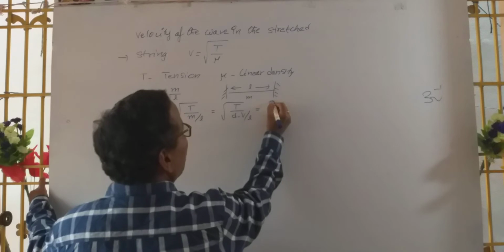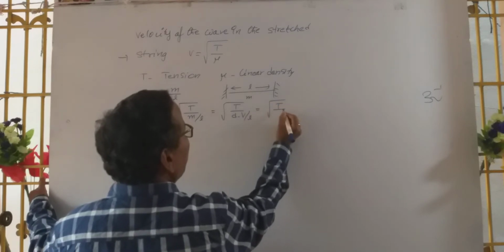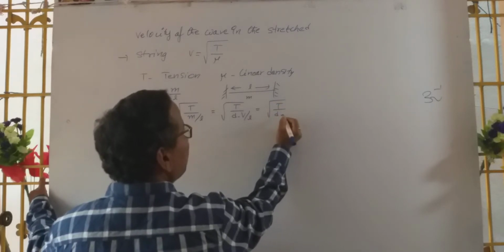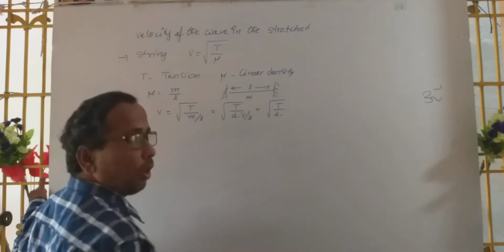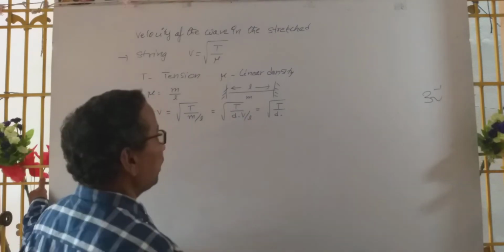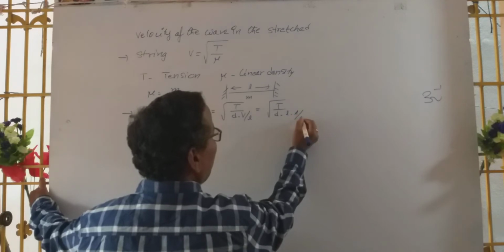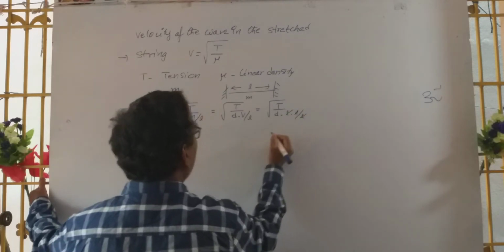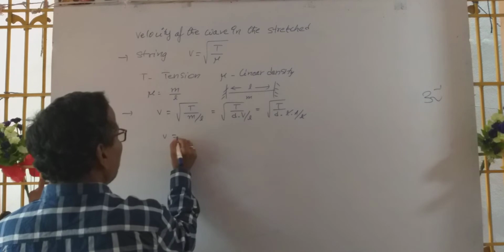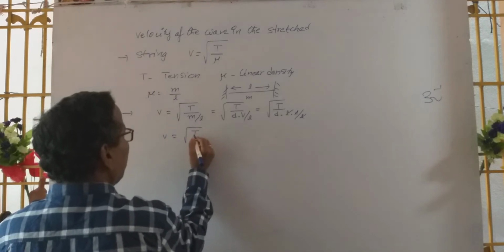That is equal to root of tension by density into volume, and volume can be written as length into area, so the length gets cancelled.